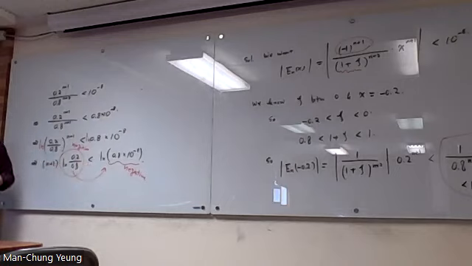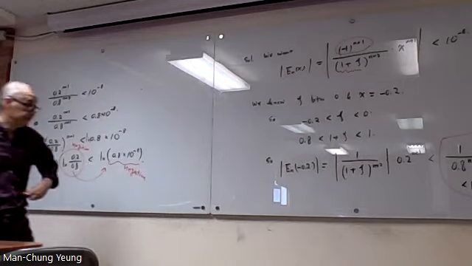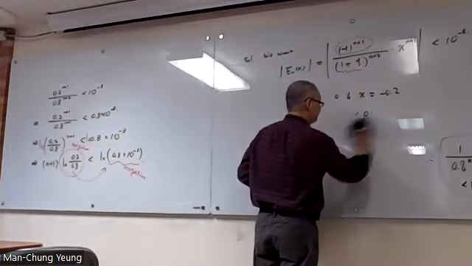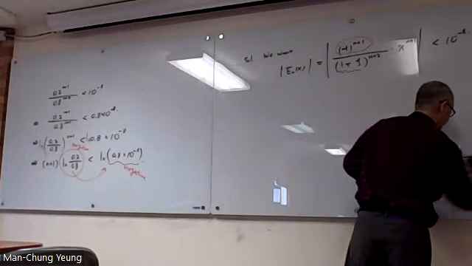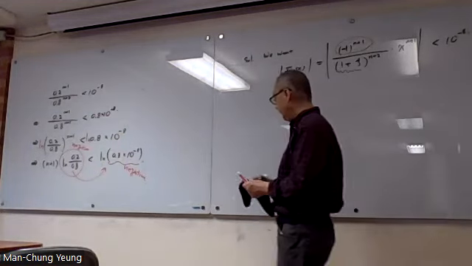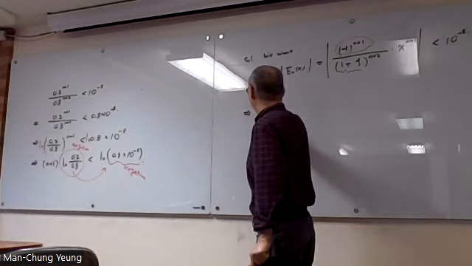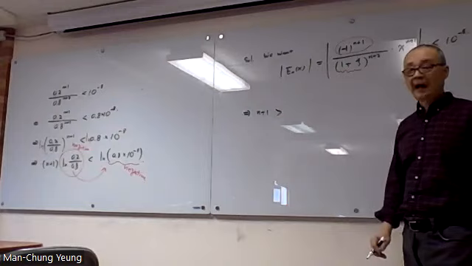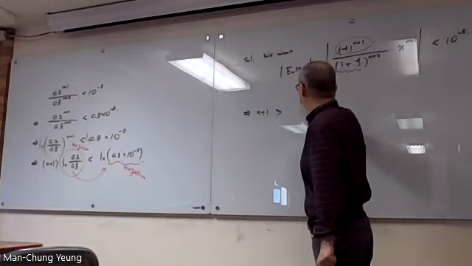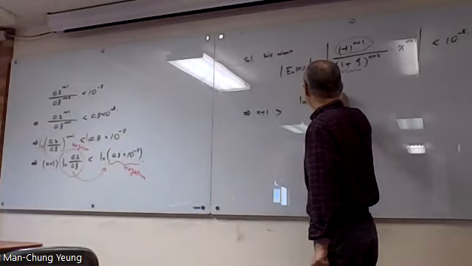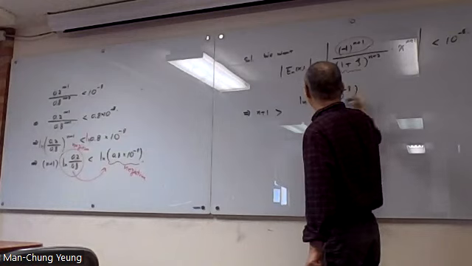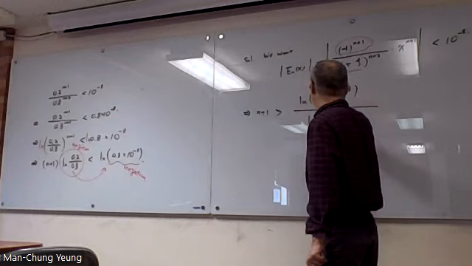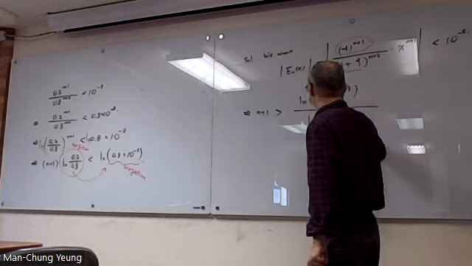So n plus 1 is greater than the log of 0.8 times 10 to the negative 8, over the log of 0.2 over 0.8.